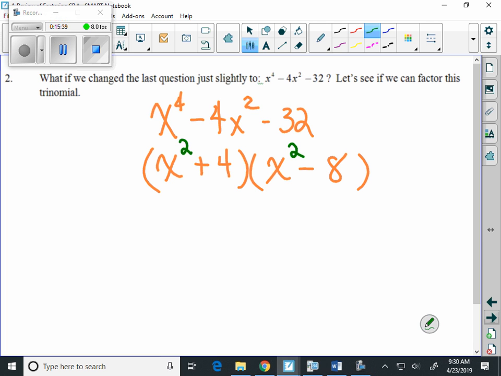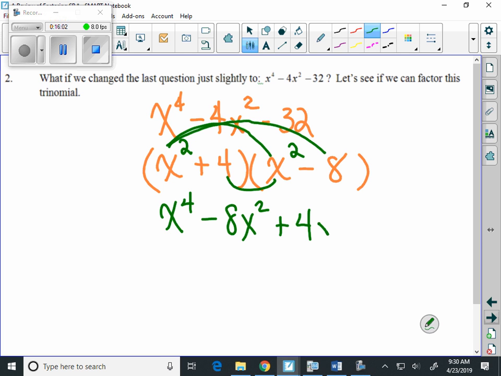So we split the middle, but we split the middle on the last one. But what I want to look at here is checking it. X squared times x squared is x to the 4th. Good start. Double distributive property or a FOIL. X squared times negative 8 is negative 8x squared. 4 times x squared. And then 4 times negative 8 is negative 32.